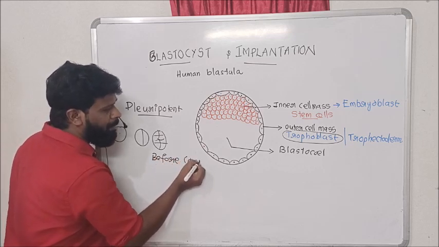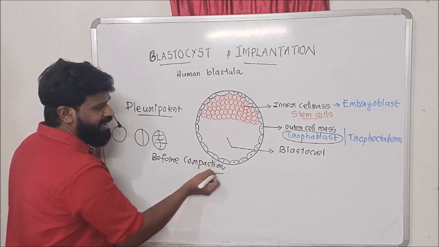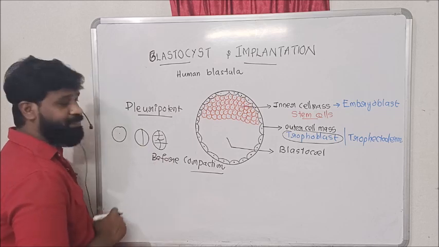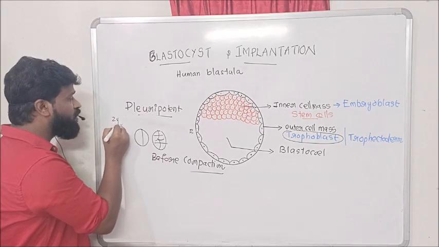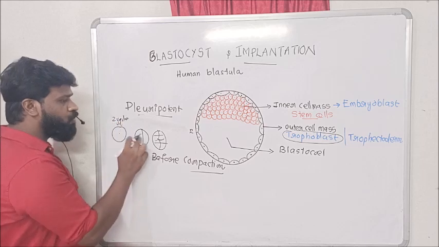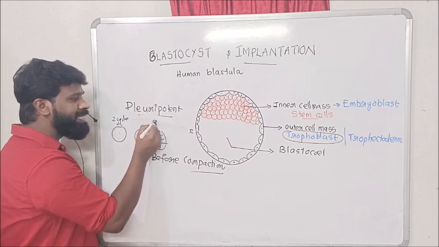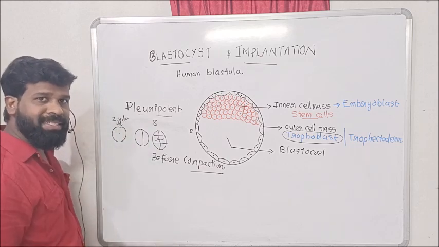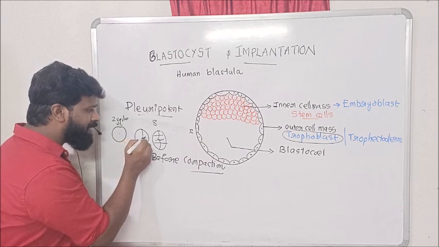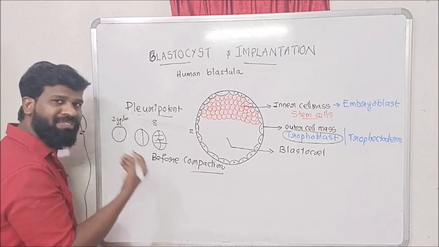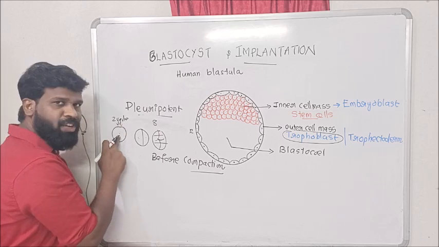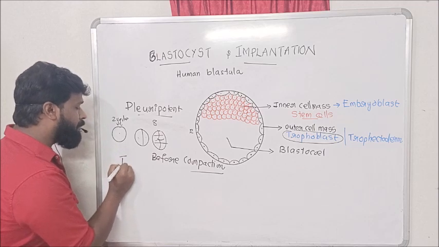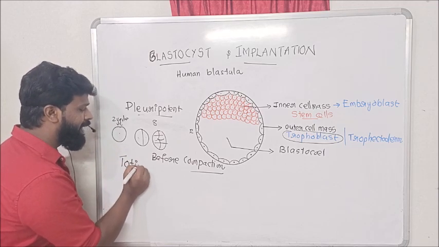Before compaction, I taught about compaction in my previous video, that means in the zygote stage or 2-celled up to 8-celled embryonic stage, the blastomeres are totipotent. Blastomeres means each cell formed as a result of cleavage.